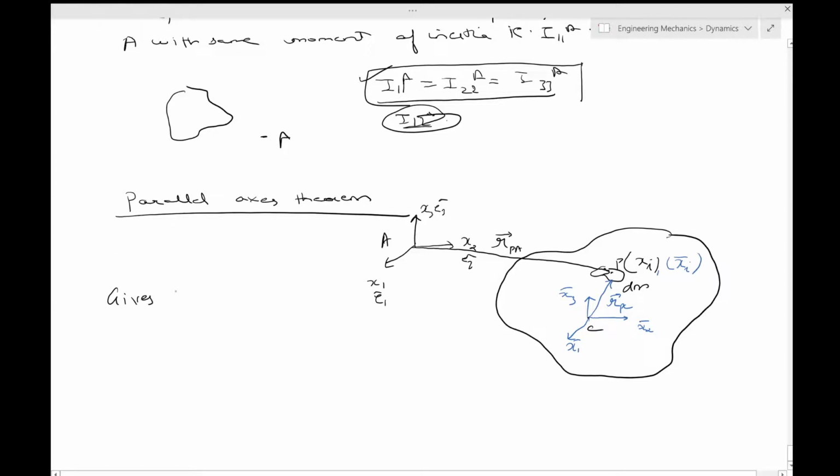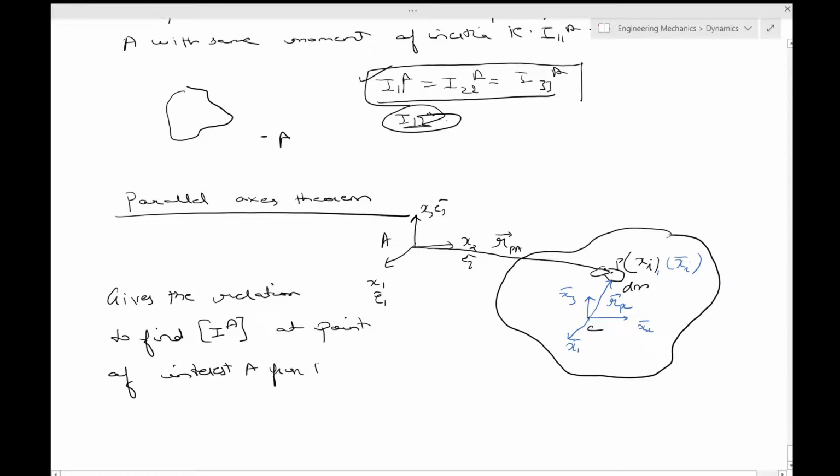It gives the relation to find I of A at the point of interest A from the known IC at the center of mass C. For most bodies, at least symmetric bodies which we'll learn about, IC is very commonly known, because it's perhaps the easiest to calculate.